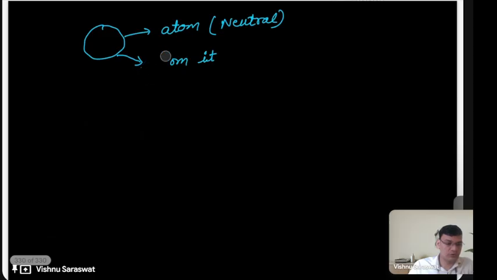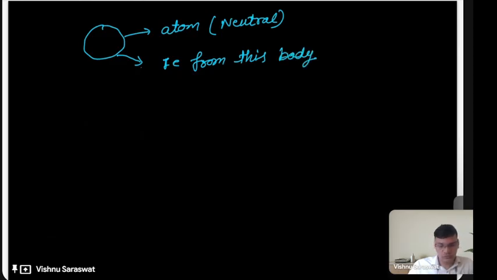This is an atom. Initially this is neutral, but we eject one electron from this body. So what will happen?